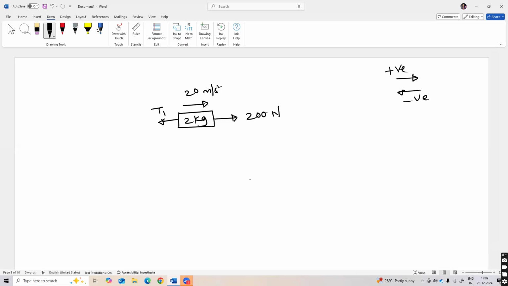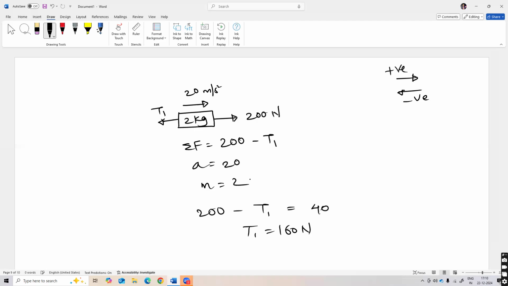If we do the summation of forces, it is equal to 200 minus T1, and acceleration is 20, mass is 2. So F equals ma, that is 200 minus T1 is equal to 40. And therefore we got T1 is equal to 160 Newton.